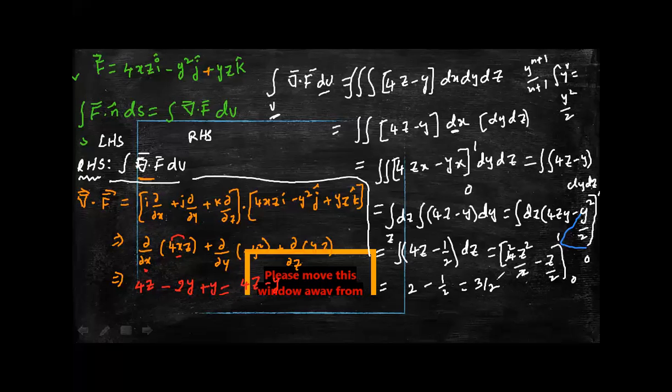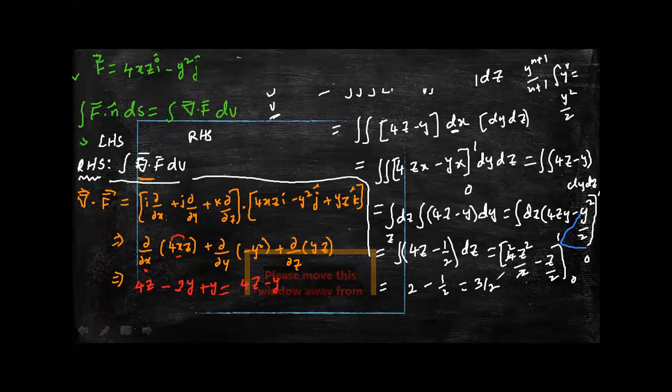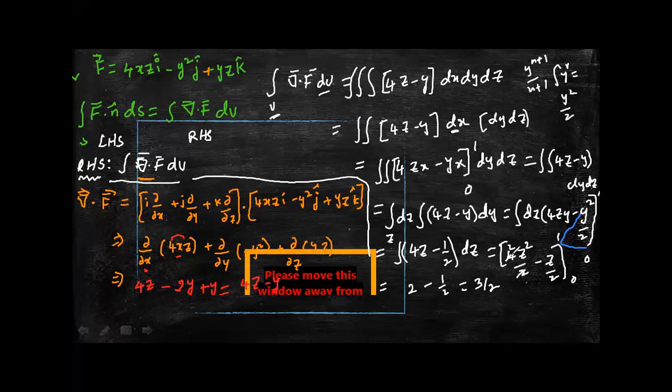Is it correct, students? Yes, sir. We have to get 3 by 2. It doesn't matter. You can take any combination. The answer should be 3 by 2. You can choose any combination, dx, dy, dz. Okay?